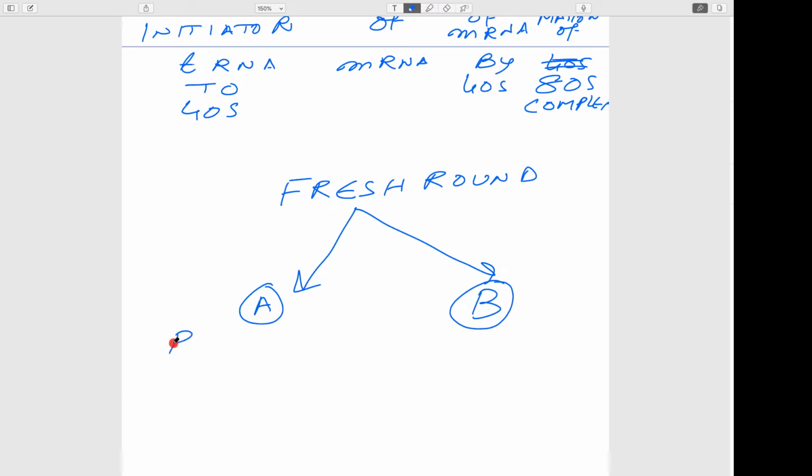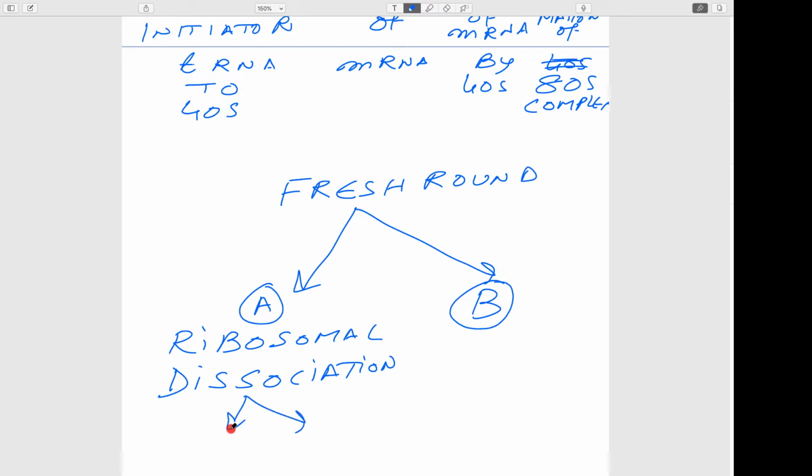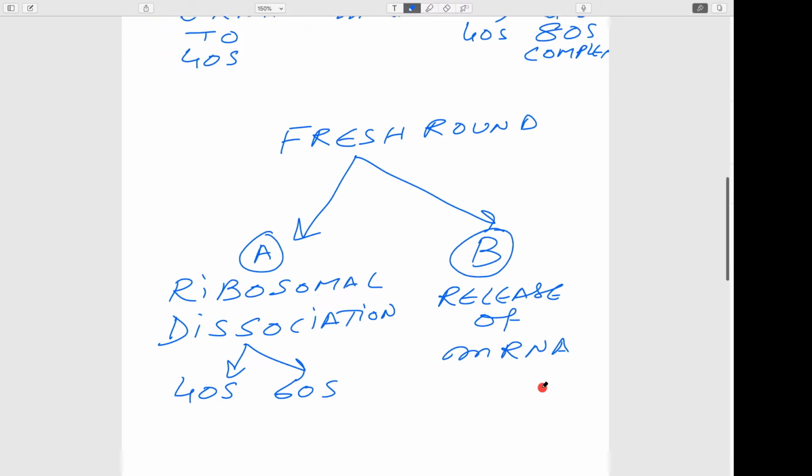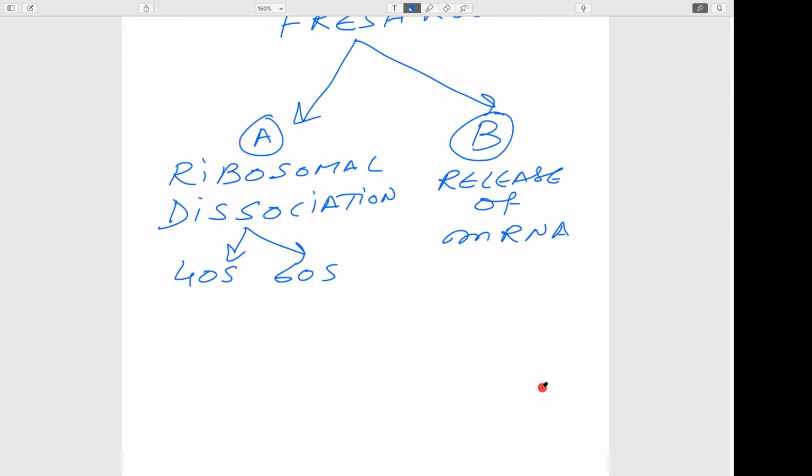Here, ribosomal dissociation takes place. Dissociation into what? There are 2 units, 40S and 60S. The second one is release of messenger RNA. So these are the 2 aspects which take place in a fresh round of initiation.